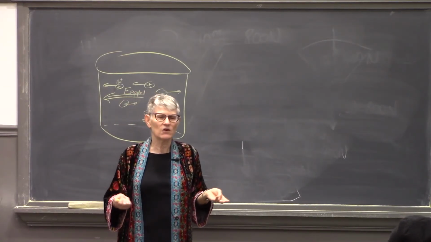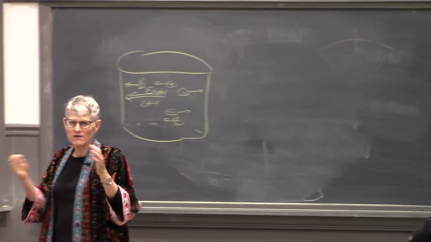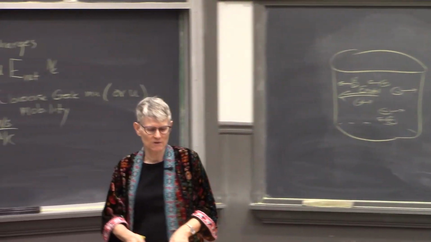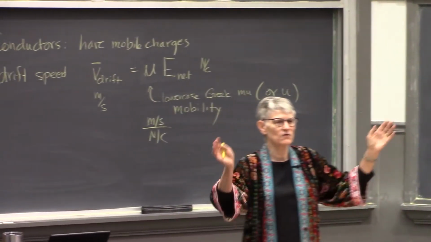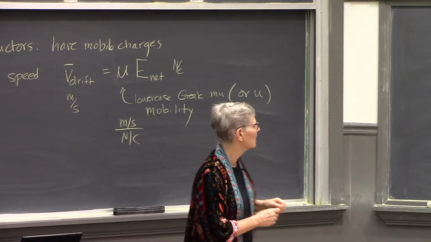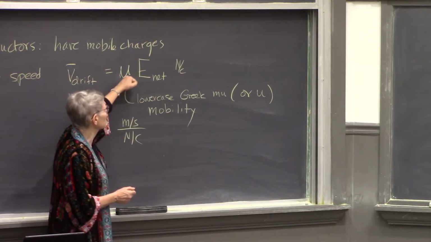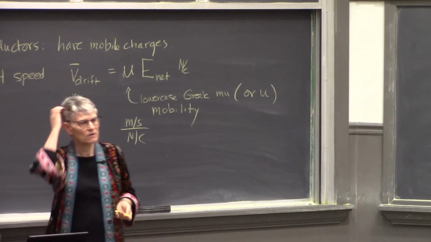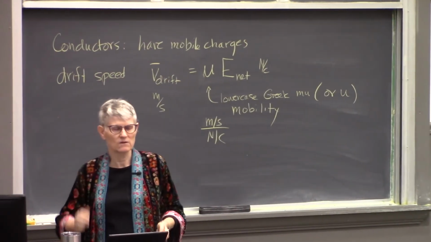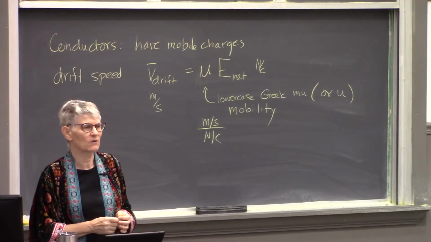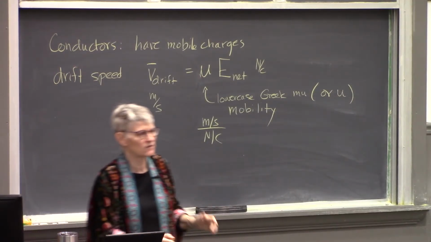Because there's this mechanism of transfer of momentum to the solvent and whatnot, it turns out that the speed really is directly proportional to the applied electric field, and the proportionality constant is the mobility.